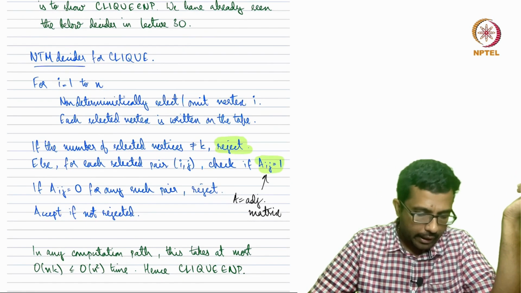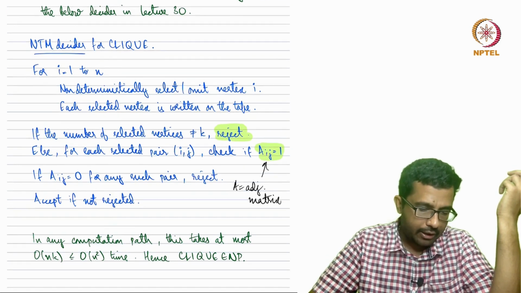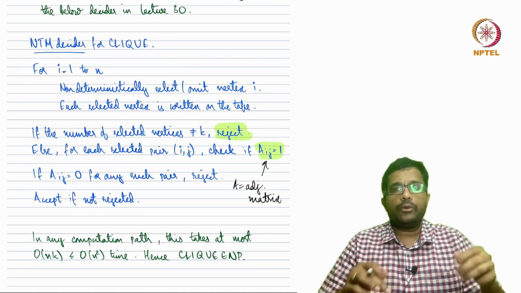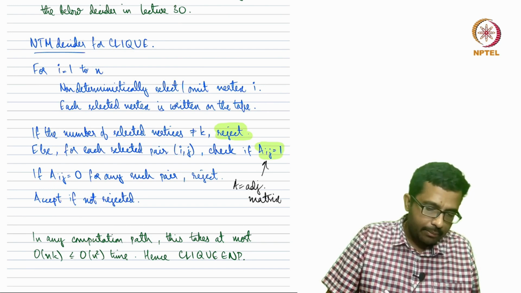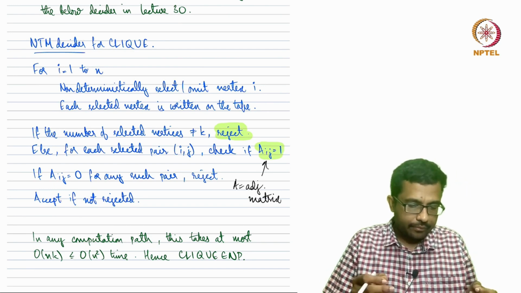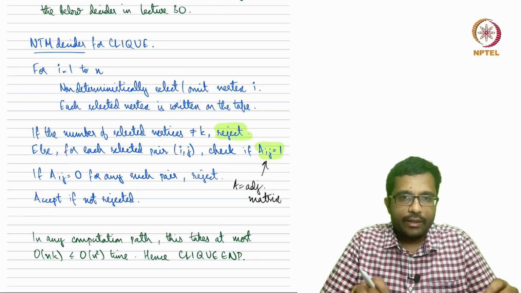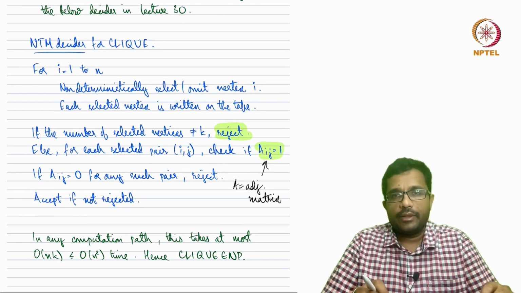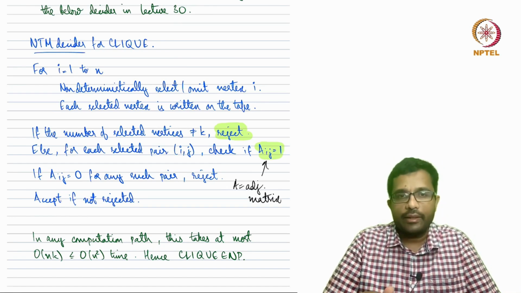So this we had seen, and it's clear that it's a non-deterministic process, right? The time taken to non-deterministically select or omit each vertex is the number of vertices n. Then once we have that, for each pair we check whether there is an edge, right? So that takes k squared time. So k squared is at most n squared.